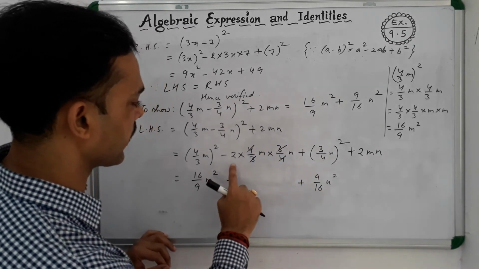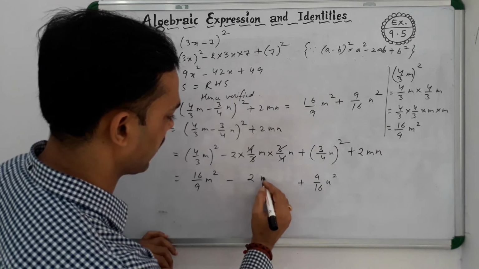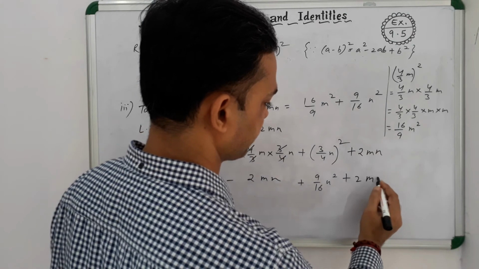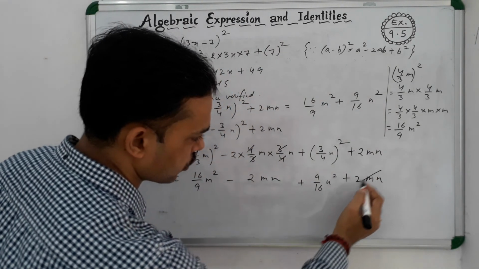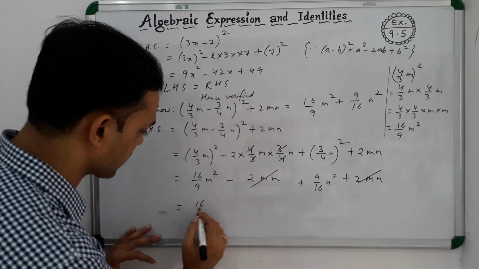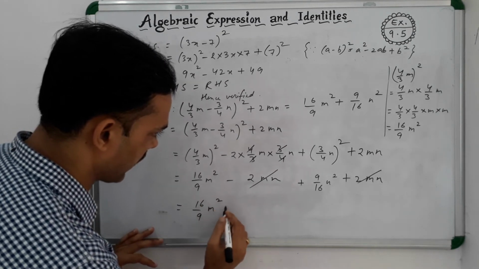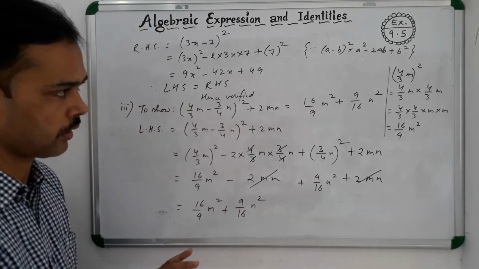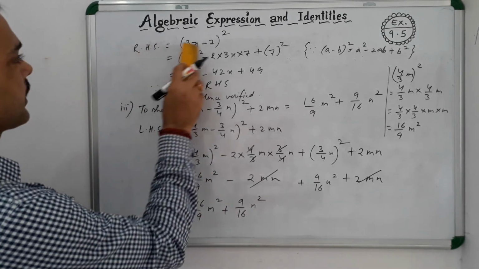But here what do we get? Here we get minus 2mn, and this is plus 2mn. This plus 2mn and this minus 2mn got cancelled. You are left with only 16 by 9 m square plus 9 by 16 n square. What is there in RHS? Let us see that.